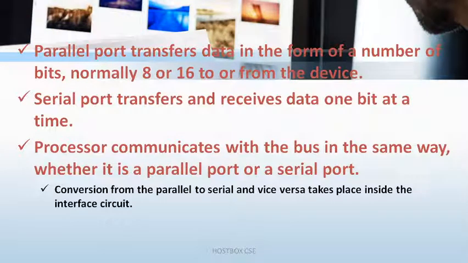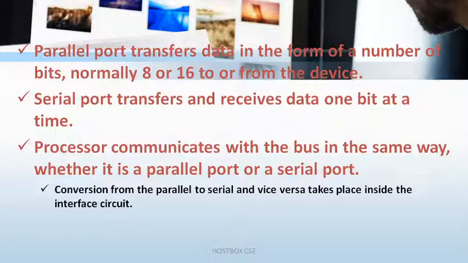Remember the difference between a parallel port and a serial port. A parallel port transfers data as a number of bits, normally 8 or 16, simultaneously. A serial port transfers and receives data only one bit at a time.